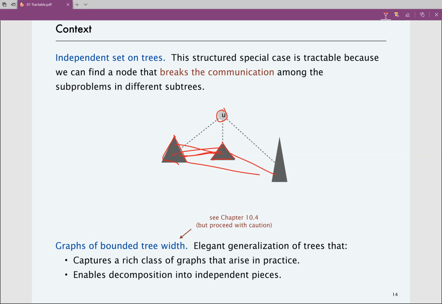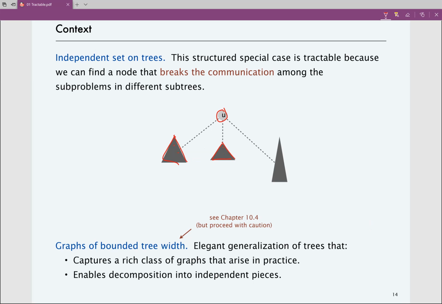This is what makes the problem hard, in fact intractable: ensuring this consistency between these different parts. But as long as we don't have these constraints, then we can just solve this independently.